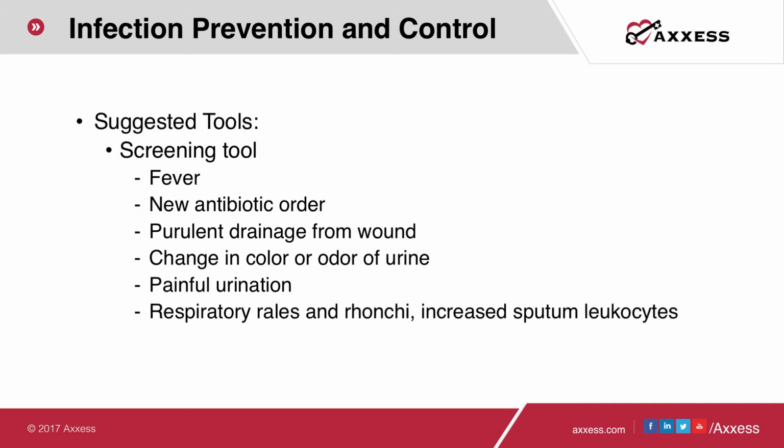I suggest that you have some tools available in your infection prevention and control program, maybe a screening tool that's done at admission or readmission or post-hospital especially, and that screening tool would assess for things such as fever or new antibiotic orders or purulent drainage from the wound, changes in the color or odor of urine, painful urination, respiratory rales and rhonchi, increased sputum leukocytes, and so on.